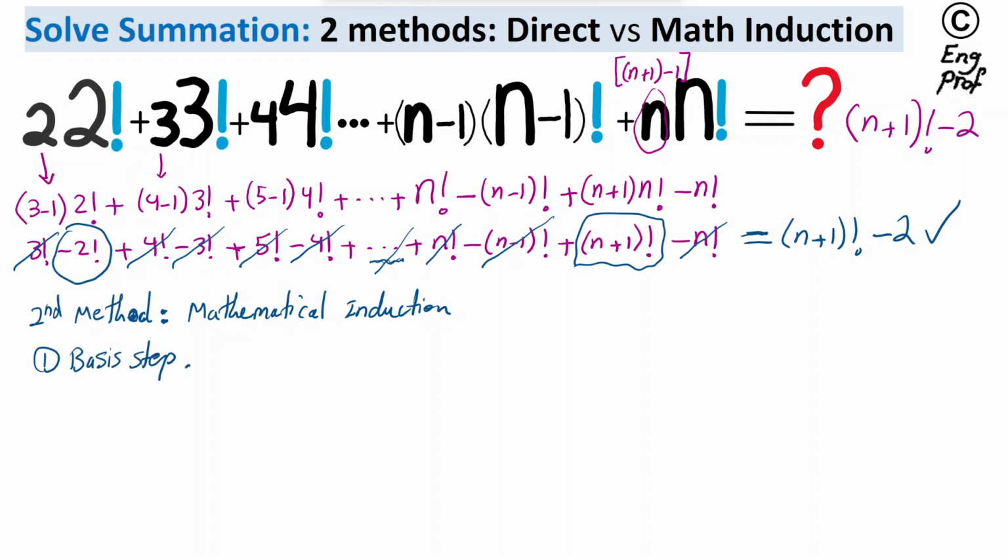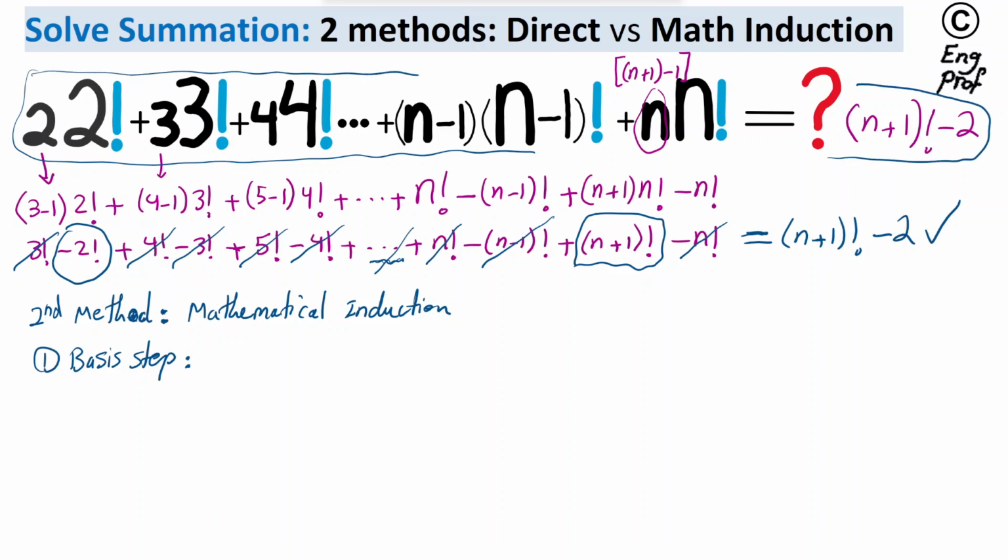For the base step, we have to show that this whole statement, that 2 times 2 factorial plus 3 times 3 factorial up to n times n factorial is equal to (n plus 1) factorial minus 2, is correct, and to do that we start with the base step, which states that we start with n equal to 2.